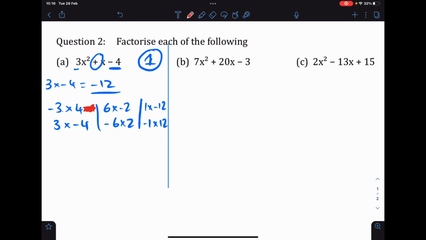Minus 3 plus 4 gives us positive 1. So this is the one I need. If you look at this one, 3 plus negative 4 gives you negative 1, so it can't be this one. This one over here, minus 6 plus 2 gives me negative 4, so it's not that one. So the one I need is minus 3 and positive 4.